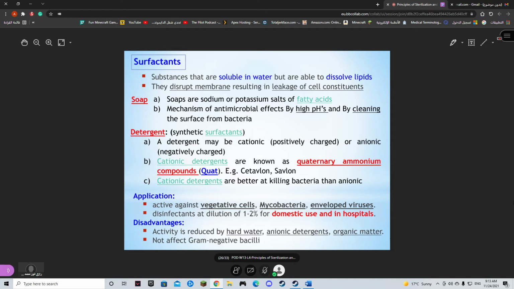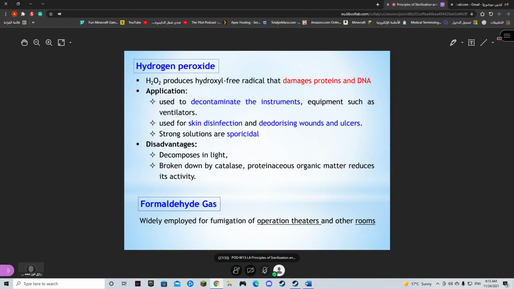We used to call it inorganic soap. Especially one, the quaternary ammonium compound, we call it quats. Very famously used for cleaning the skin and for applications, yes, but not against endospores.